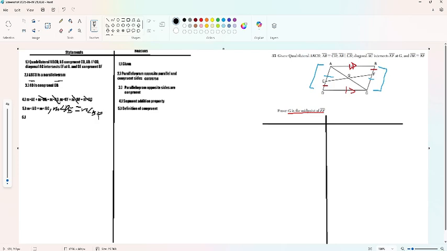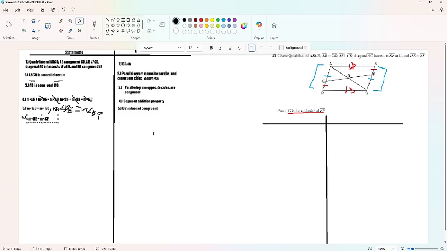So now we can do this, right? We can say AE equals CF if AD equals BC. So the measure of AE is equal to the measure of CF.